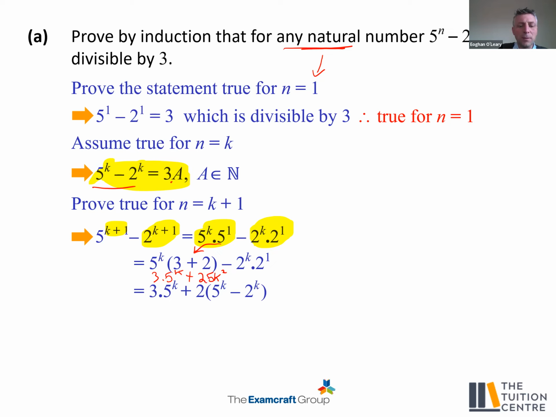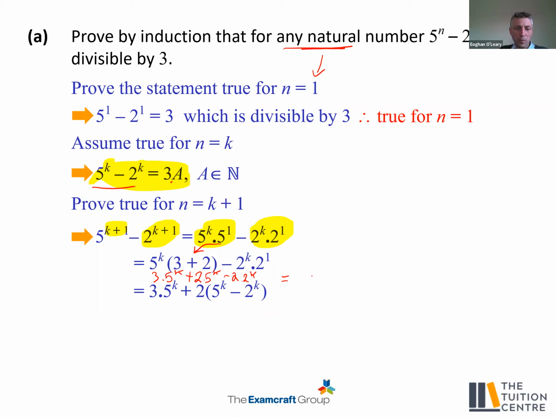I haven't written that quite as clearly as I wanted, so let me try that one again. I'm going to have 3 times 5 to the power of k plus 2 times 5 to the power of k. And then what do I have here? I have minus 2 times 2 to the power of k.